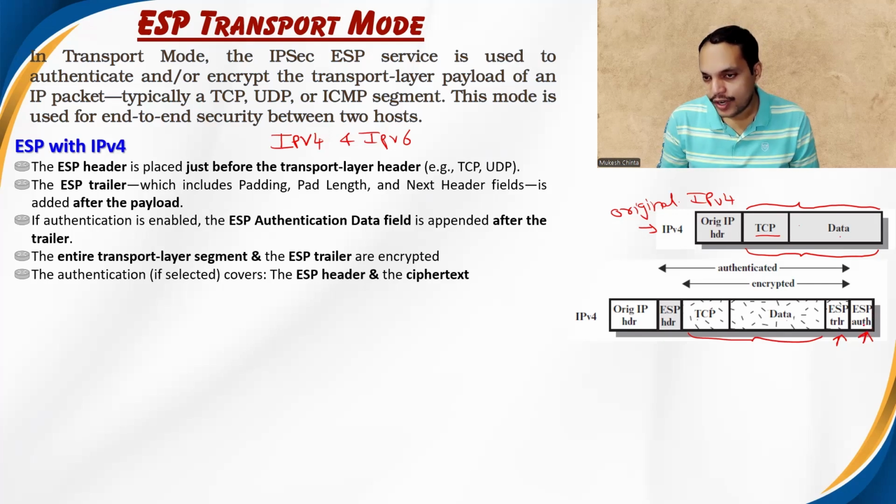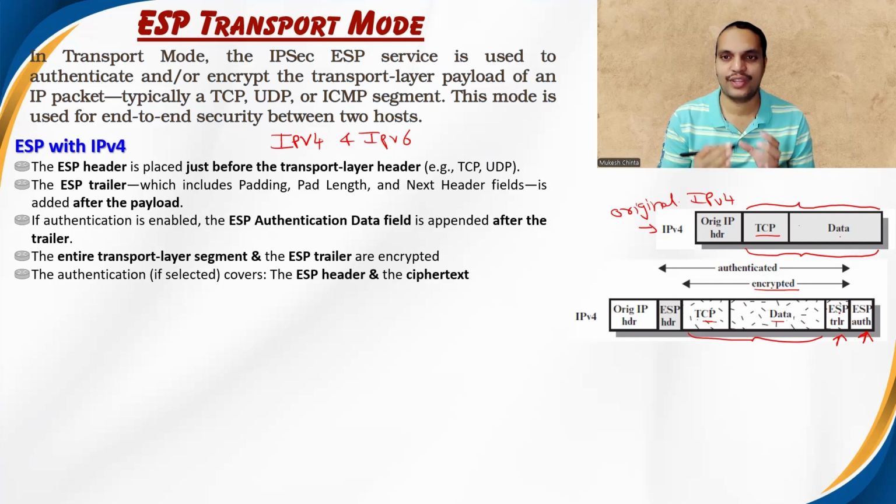Now, this authentication value is calculated on all these fields, including the ESP header and the encrypted format. You can see the TCP header and the data or the segment is encrypted, whereas the ESP authentication field contains the ICV value, which is calculated on the ESP header, TCP header, data, and the trailer.